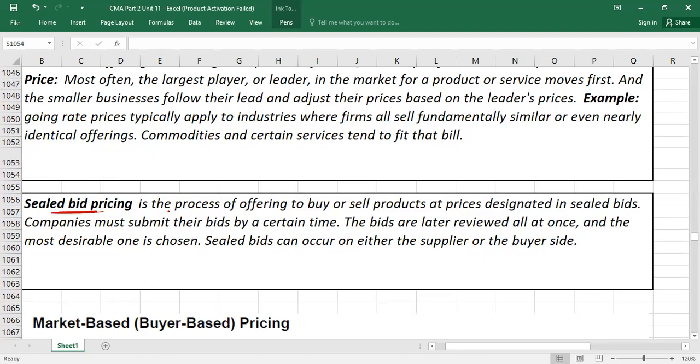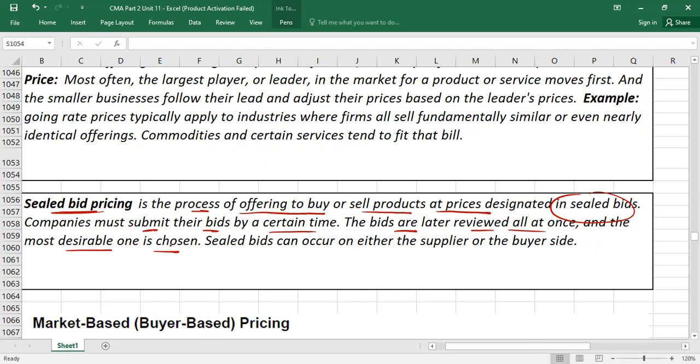So sealed bid pricing is the process of offering to buy or sell products at a price designated in sealed bids. Understood? Companies must submit their bids by a certain time. Obviously, all contractor companies will submit their bids within the required time, and then the bids are reviewed all at once. Later on, the government will review the different bids, and the most desirable one is chosen.